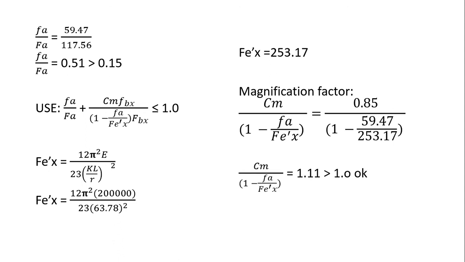So, CM over 1 minus FA over FA prime X, kani siya is equals to 1.11.